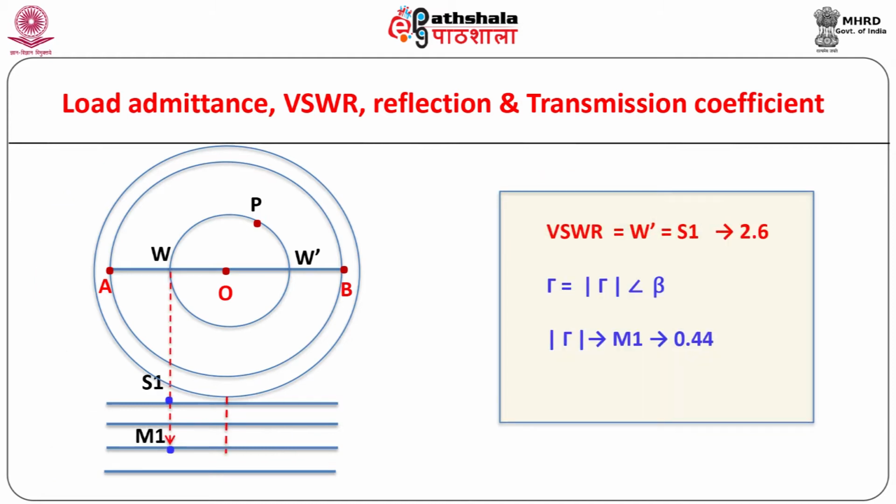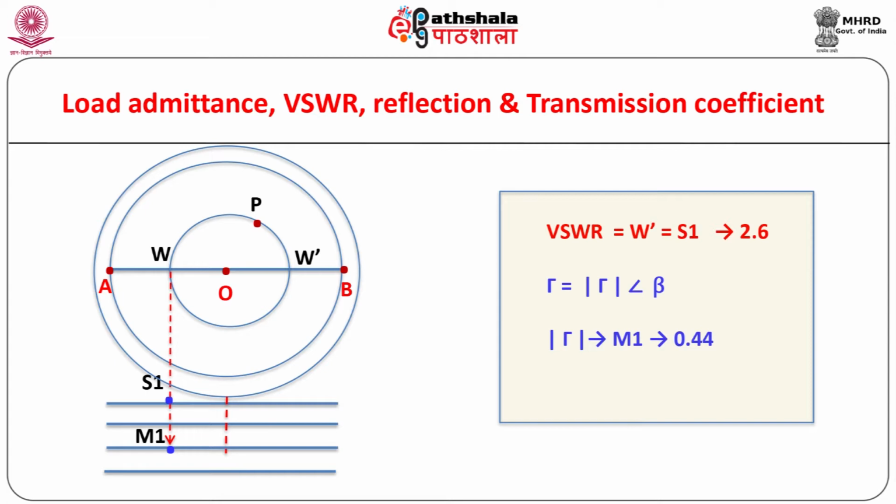Step number 3. From W, draw a line perpendicular to the radius AO. Let it meet the horizontal scale lines of radially scaled parameters corresponding to VSWR and reflection coefficient scale defined in terms of E and I in points S1 and M1 respectively. Step number 4. Then the number at S1 represents the magnitude of VSWR.